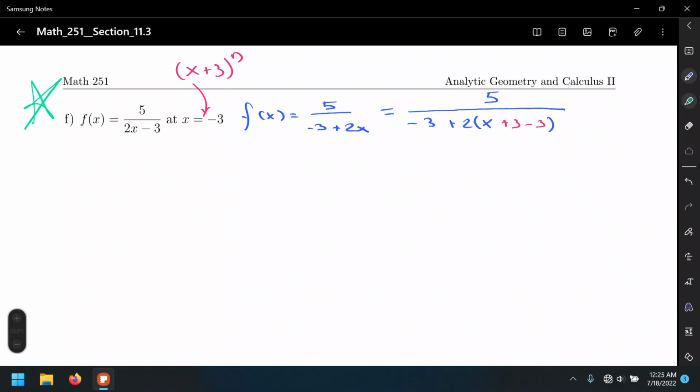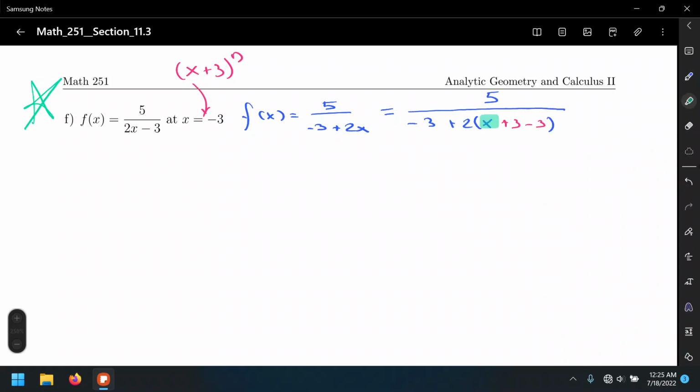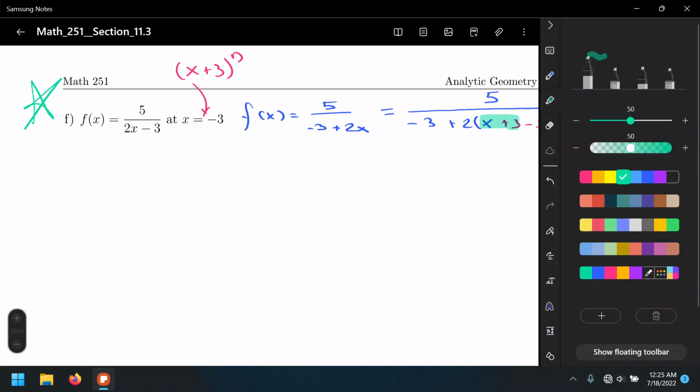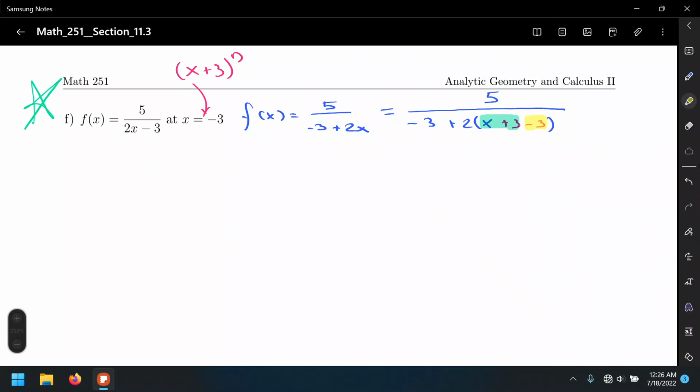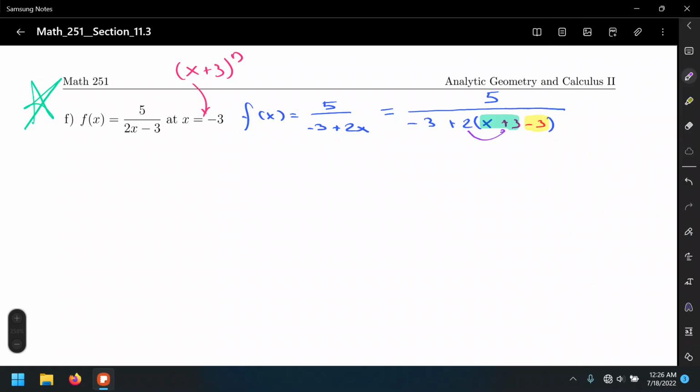Alright, so from here I'm going to group this one right here, and I'm going to group this one right there. Alright, and then I'm going to distribute 2 times x plus 3 and 2 times negative 3.